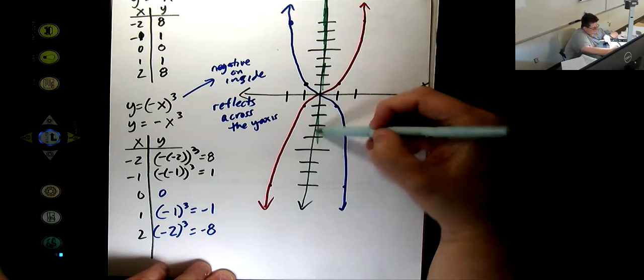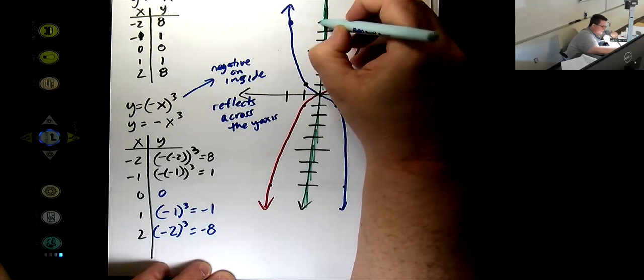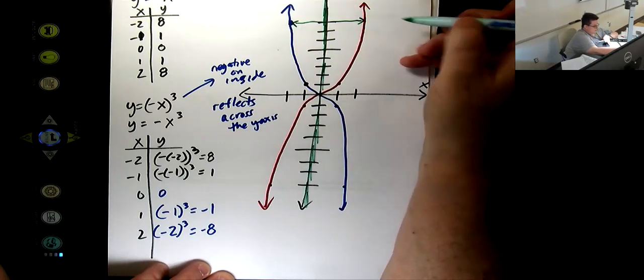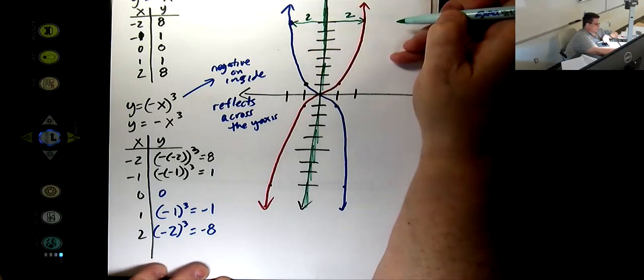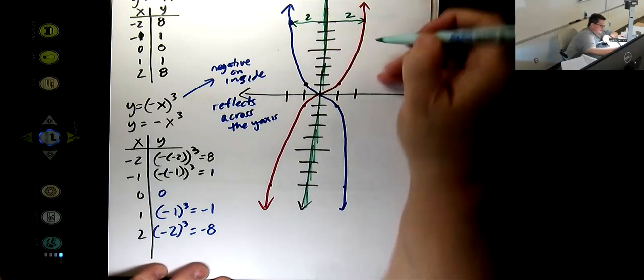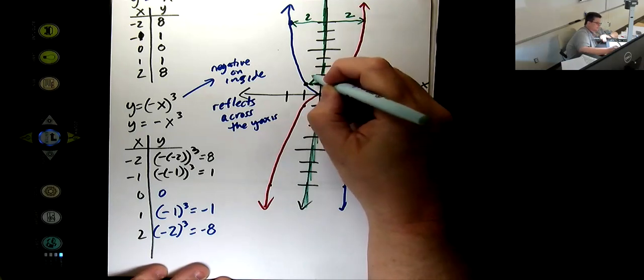When I say reflects, however far it was this way, it now goes that far that way. It was 2 this way, so instead it goes 2 that way. When it goes 1 this way, instead it goes 1 that way.